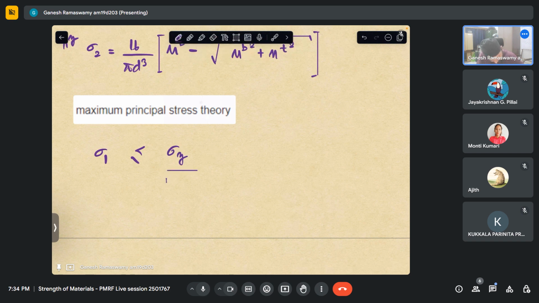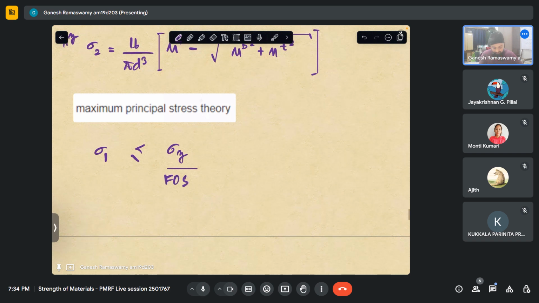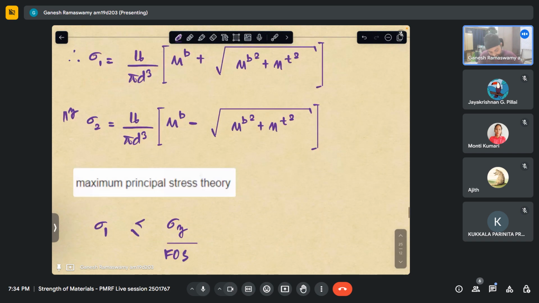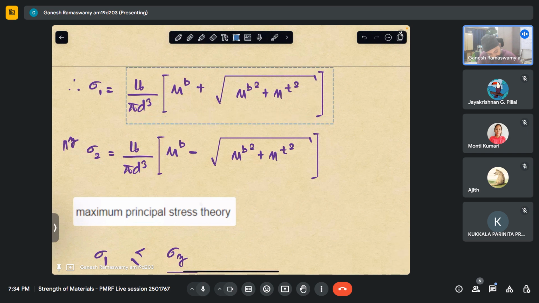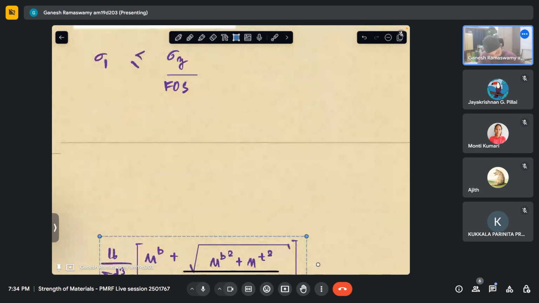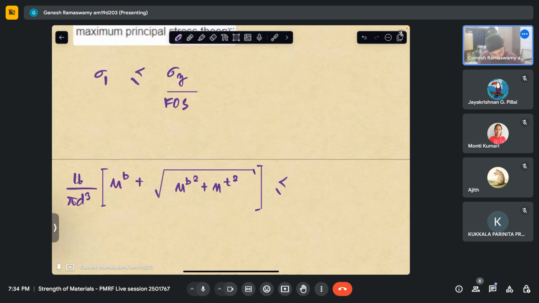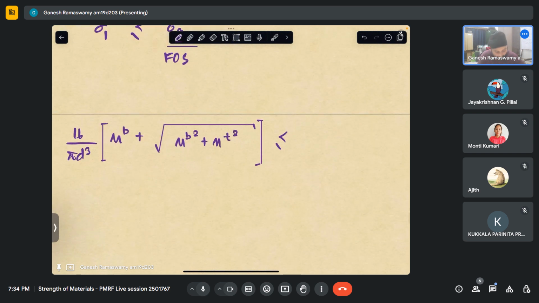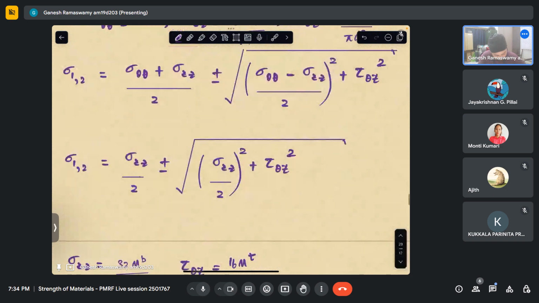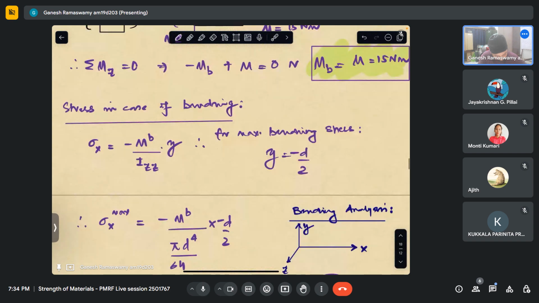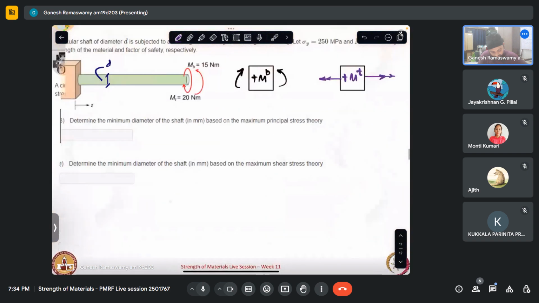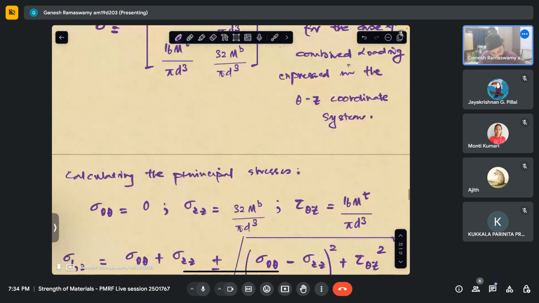So I can take this as less than or equal to, I know that sigma y was 250 and the factor of safety was 2. Now what is the unknown here?